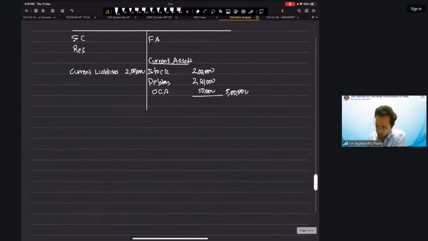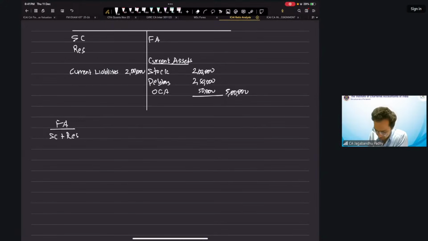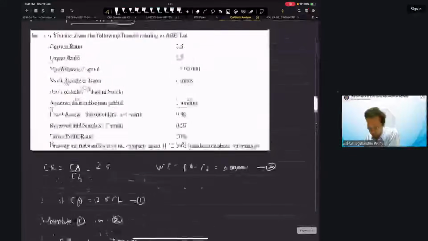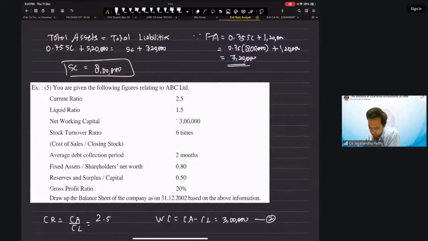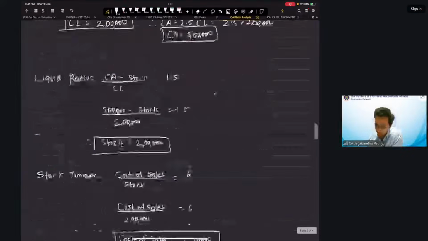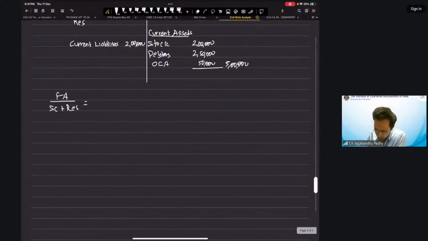Okay. So the ratio given to us is fixed asset to share capital plus reserves, which is 0.8.